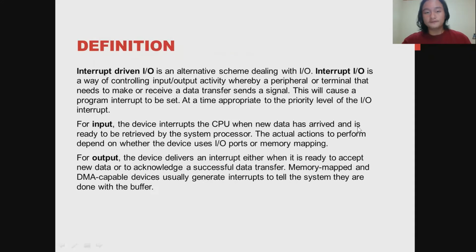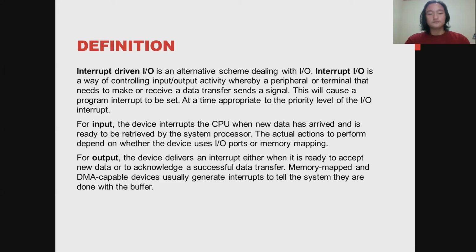Interrupt-driven input-output. Definition. Interrupt-driven input-output is an alternative scheme for dealing with input-output. It is a way of controlling input-output activity whereby a peripheral or terminal that needs to make or receive a data transfer sends a signal. This will cause a program interrupt to be set at a time appropriate to the priority level of the input-output interrupt.